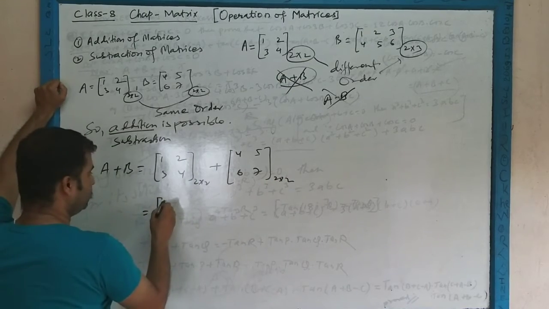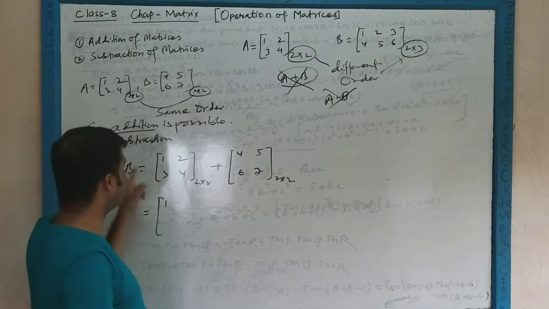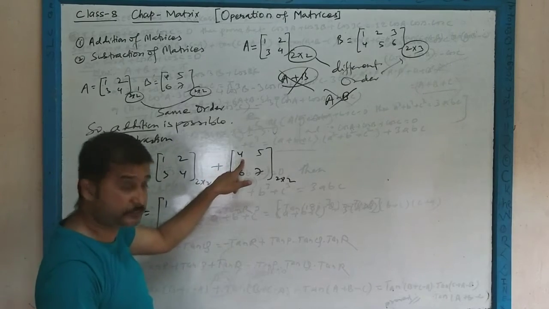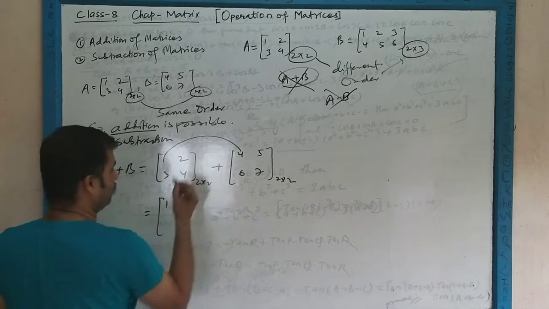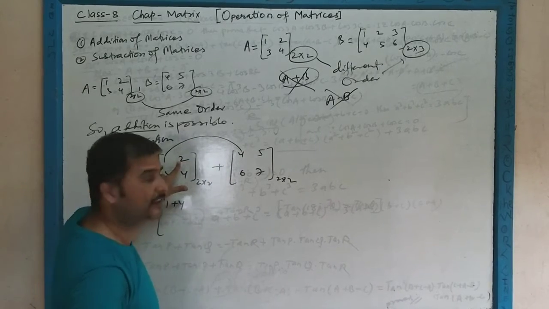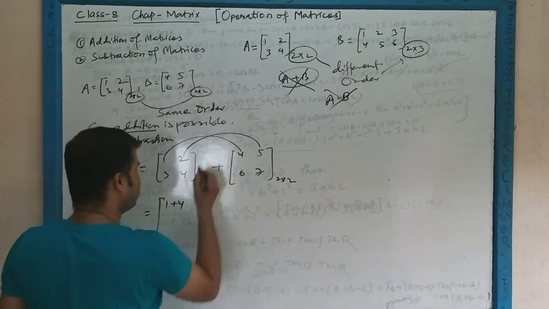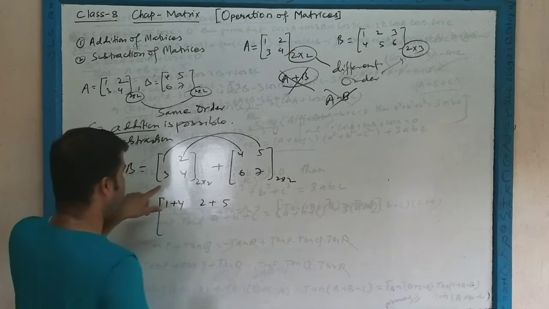Let's add and see. First row first column of matrix A will be added to first row first column of matrix B. So 1 will be added to 4. So 1 plus 4. First row second column of matrix A will be added to first row second column of matrix B, 2 plus 5.